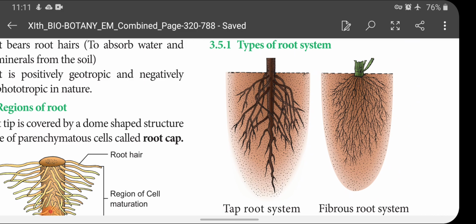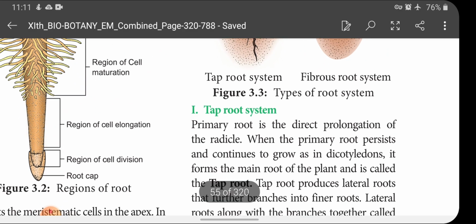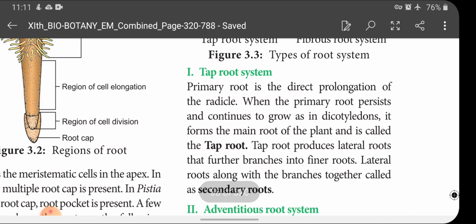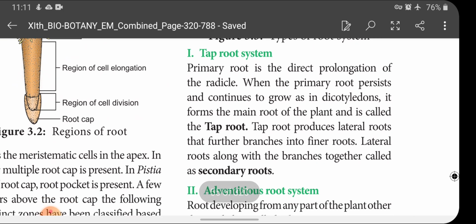Taproot system. But in monocotyledons, the primary root which develops from the radicle soon disintegrates, and the fibrous root system is formed from the basal nodal region of the stem. It forms thin bunches of roots, and it is called the fibrous root system. In the taproot system, the primary root is the direct prolongation of the radicle.